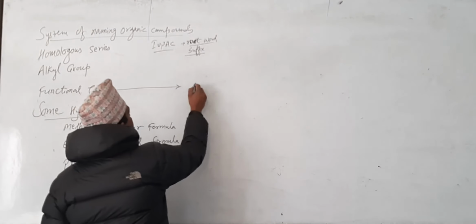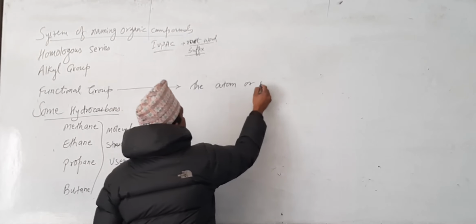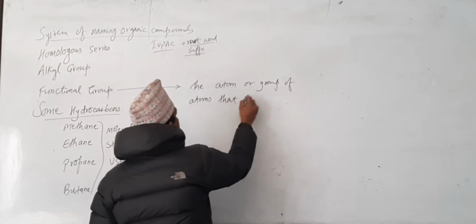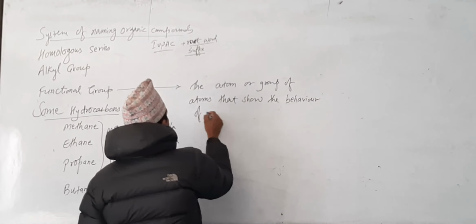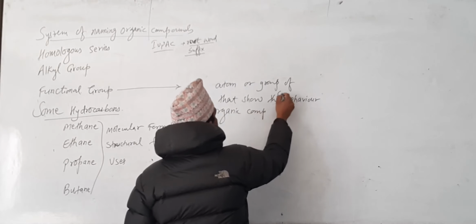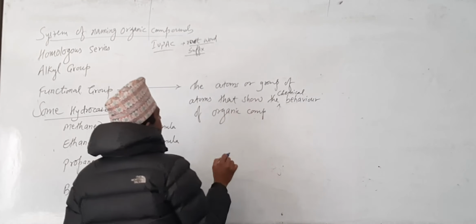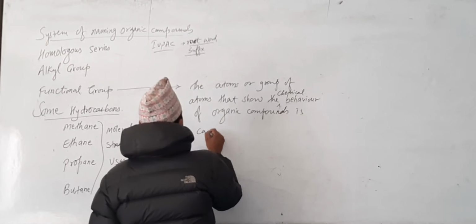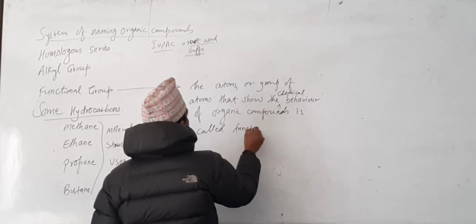Functional group: the atom or group of atoms that show the chemical behavior of organic compounds is called functional group.